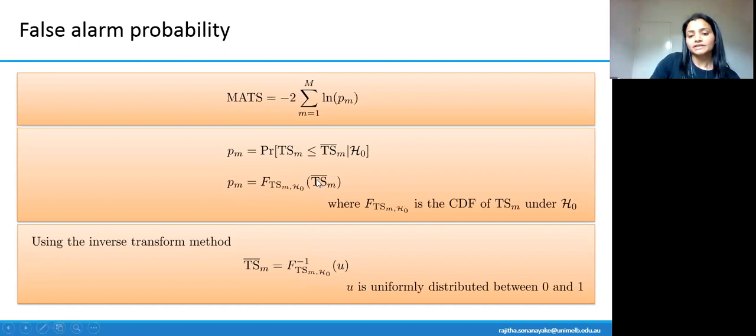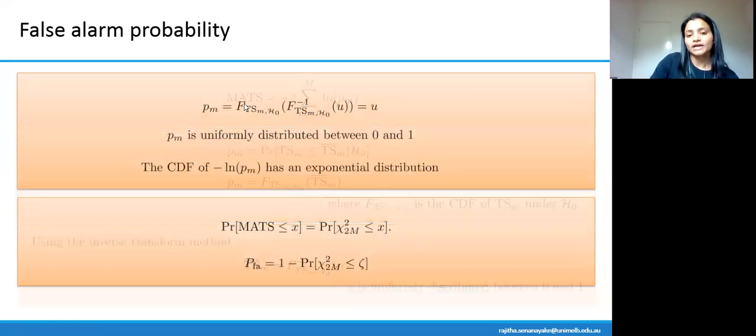Simply plugging that in here, I can say that my PM, the p-value, has a uniform distribution between 0 and 1. Since p has a uniform distribution, minus log p has an exponential distribution. Since I have a sum of m such terms, this random variable has a chi-square distribution with 2m degrees of freedom. Based on that, I can find the exact expression for the false alarm probability, which takes this form.